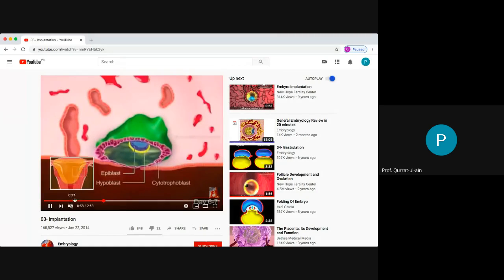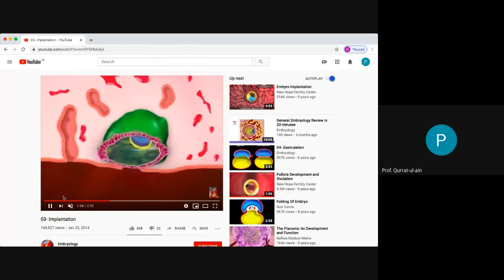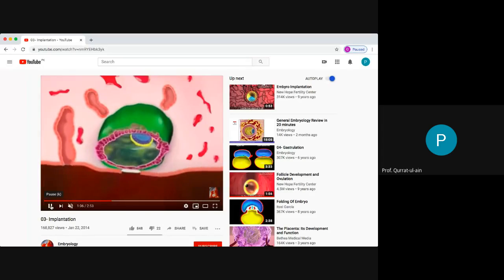This is the second week. Now these two layers of the embryoblast are known as epiblast and the hypoblast. Now see, it's growing in, and syncytial trophoblast is spreading all around, and this is the surface defect which was created by the digging in, and it will heal up by the 12th day of the second week.